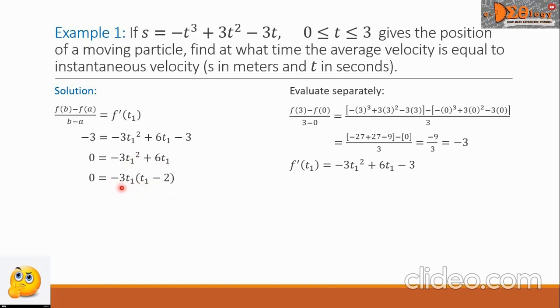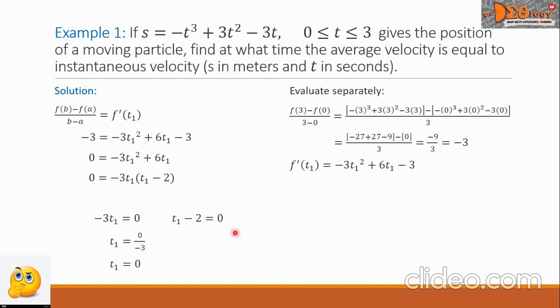So we have this negative 3t sub 1 equals 0, and this t sub 1 minus 2 equals 0. For our first equation here, let us solve for t sub 1. Let us divide this equation by negative 3. So t sub 1 is equal to 0 over negative 3. Simply, this is equal to 0.